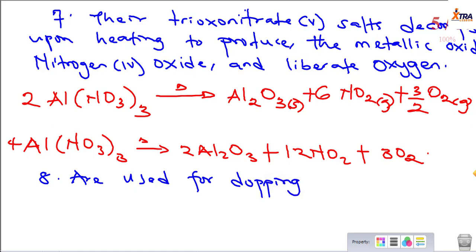Now, doping has been discussed in our lecture on semiconductors, right? Remember we talked about group 3 elements being partly metallic and partly semi-metallic. So because they are semi-metallic, they are used as semiconductors.